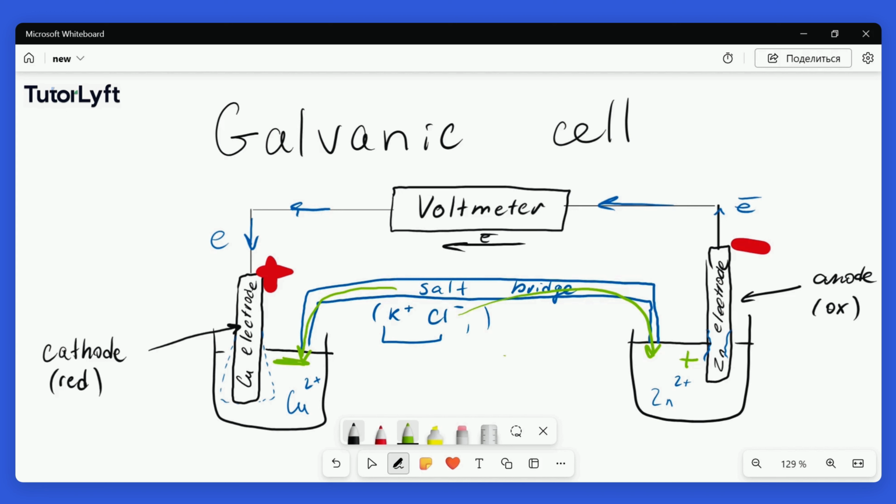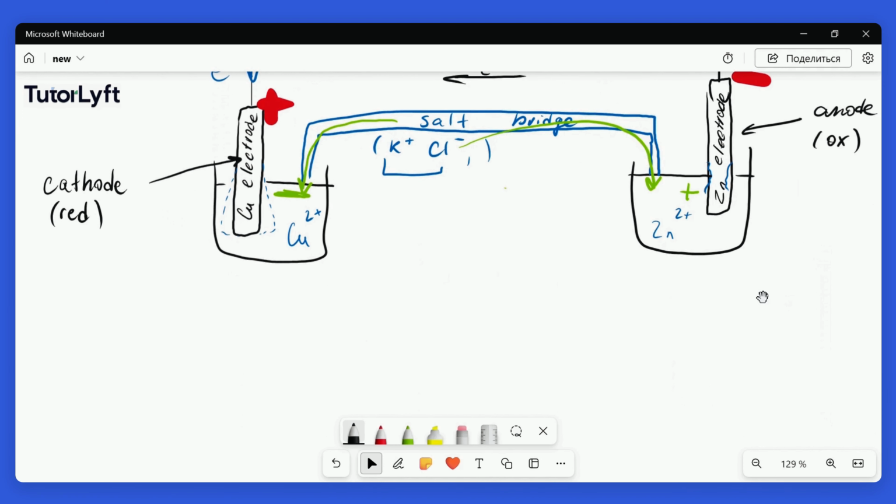Now I want to write out the reaction for each of the beakers. For Cu 2 plus, it will accept electrons, which is 2 electrons, and will become Cu 0. We know that electrons are negative, so because electrons are negative here, I specifically put that sign here, it will actually be minus, so 2 minus 2 electrons.